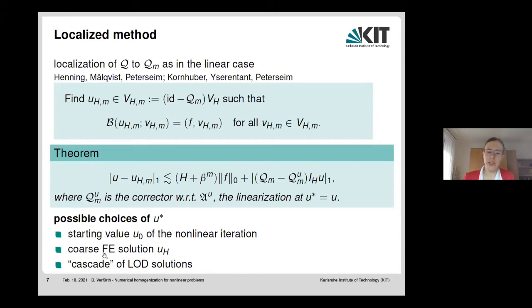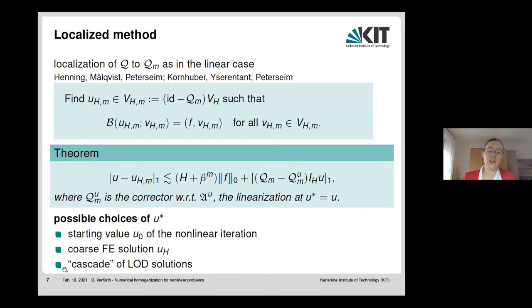Another idea is to compute a finite element solution on this coarse mesh, on the mesh size capital H. You've seen that this UH is typically not a good approximation of U itself, but you may think, okay, it already entails some information about the problem and the right-hand side, so maybe it's a better choice than simply guessing U0. This is something that you can do, and that is quite cheap.